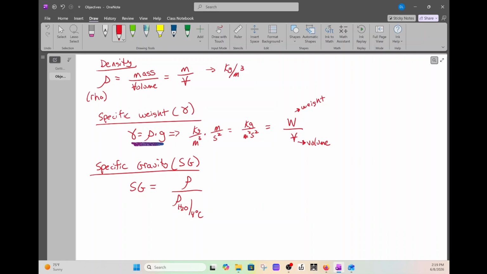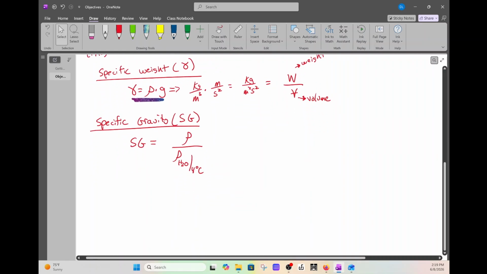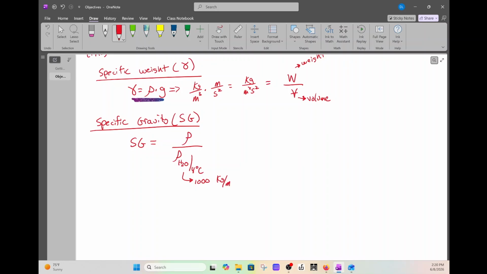So it's just SG is, say, 2. And typically we use 1,000 kilogram per meter cubed for the density of water at 4 degrees C.